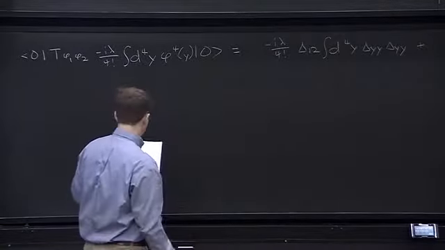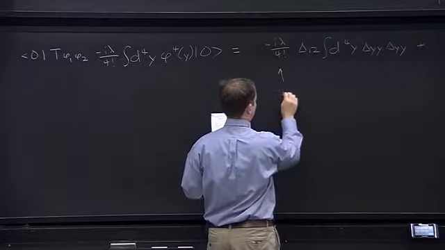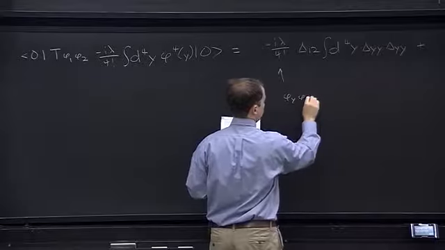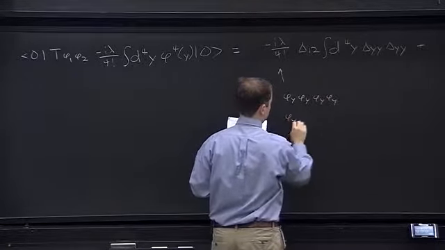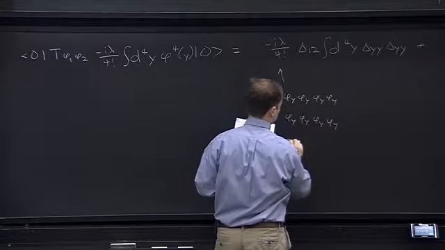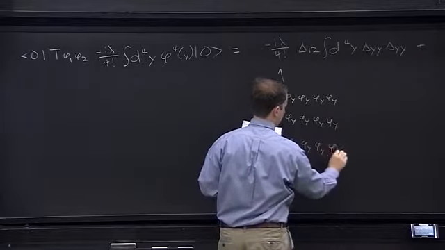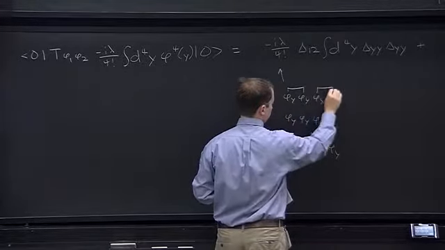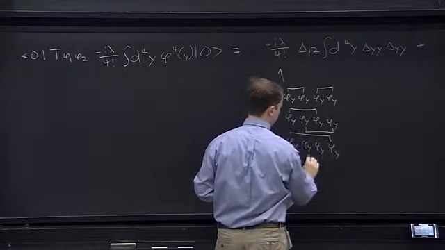So for instance, for this term, we could contract the 4 phi y's in 3 possible ways. So we could contract the first two, contract the first and the third, or the first and the fourth.